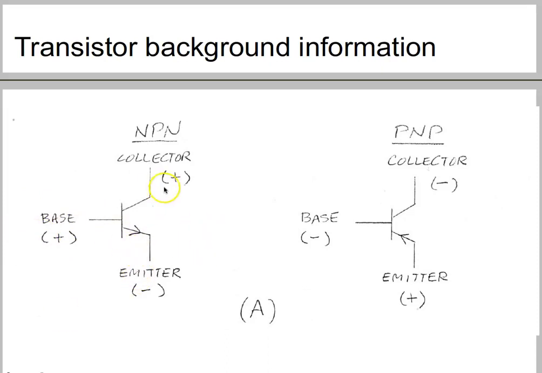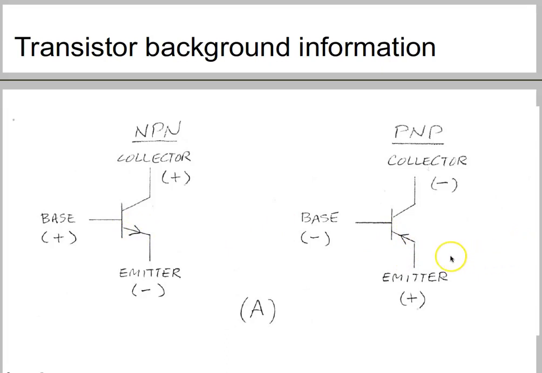So in this lecture, we're going to focus just on the bipolar junction transistor, NPN and PNP. You are already familiar with the symbols of NPN and PNP transistors. In the case of NPN, the direction of the current is indicated outward, and in the case of PNP, the direction of current is inward.